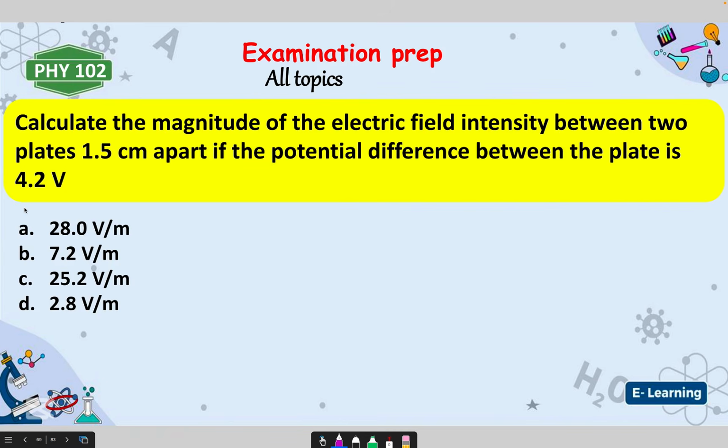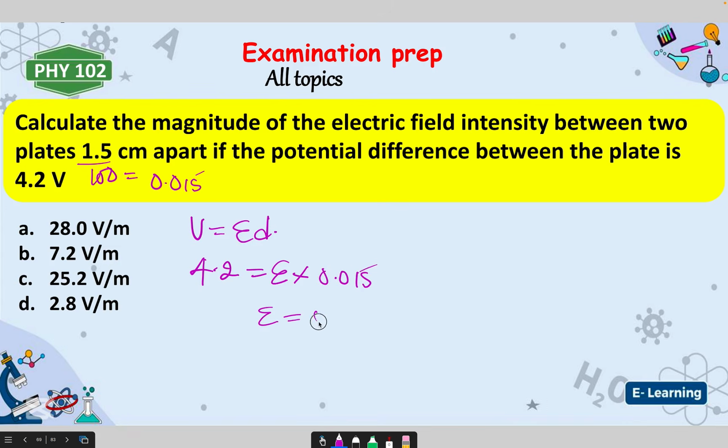Now, the next question says, calculate the magnitude of the electric field intensity between two plates 1.5 centimeter apart, if the potential difference between the plates is 4.2 volts. V is equal to ED, right? V is 4.2 volts. The electric field is what you are looking for. The distance is 1.5 centimeter, which, if you divide 1.5 by 100, will be 0.015.